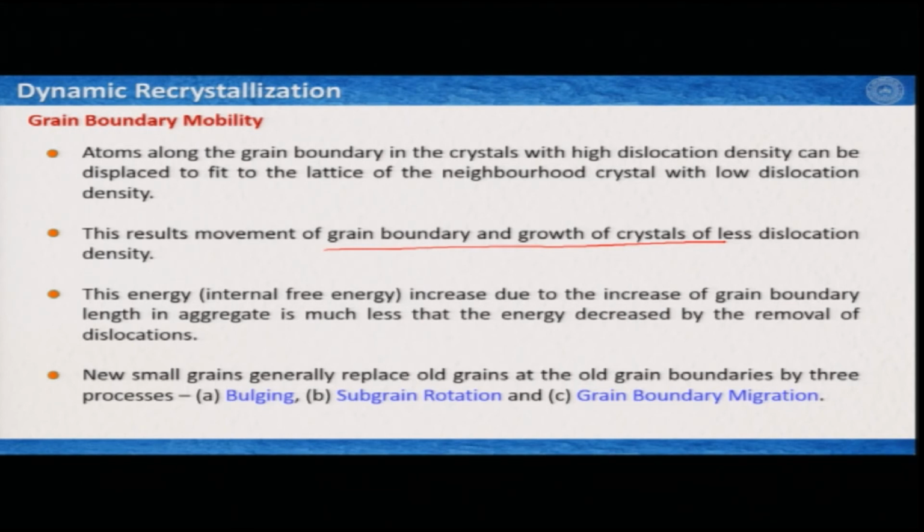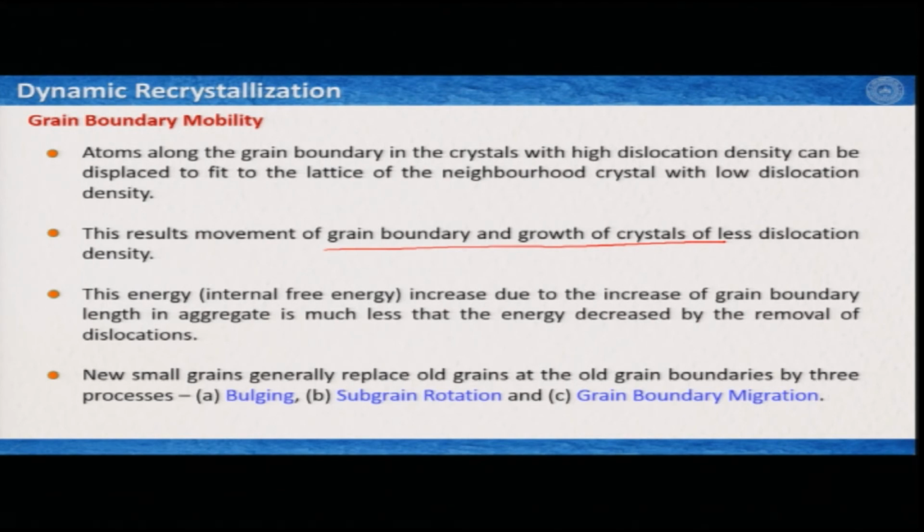The energy required for this, which is internal free energy, increases due to the increase of grain boundary length. You can imagine that I have a fixed area or fixed volume with 10 grains and the same area with 50 grains. Certainly the grain boundary area increases, and if the grain boundary area increases, then the grain boundary energy also increases.